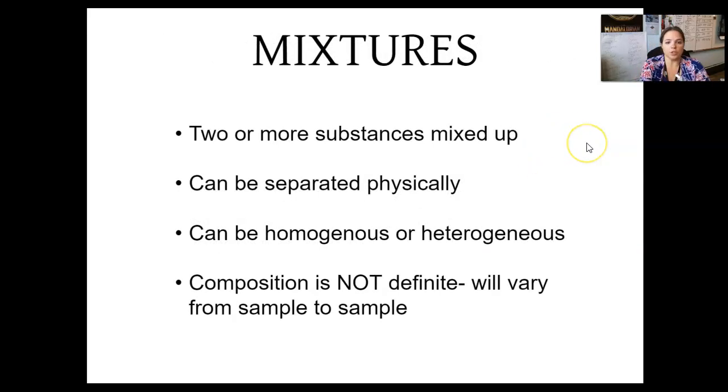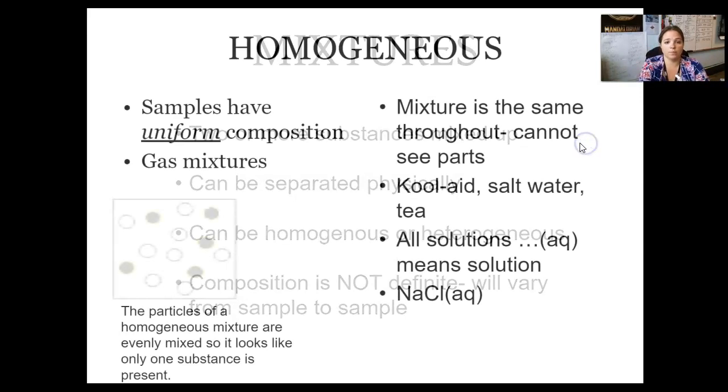So what are mixtures? They are two or more substances that are mixed up, and they can be separated physically. They can be homogeneous or heterogeneous. The composition is not defined. There's not a certain number of this and a certain number of this.